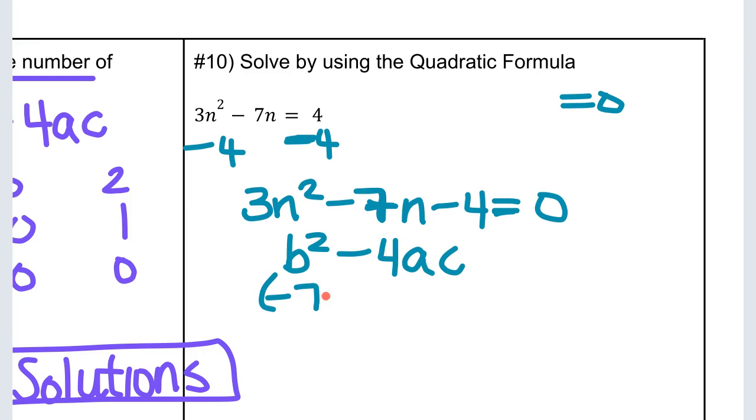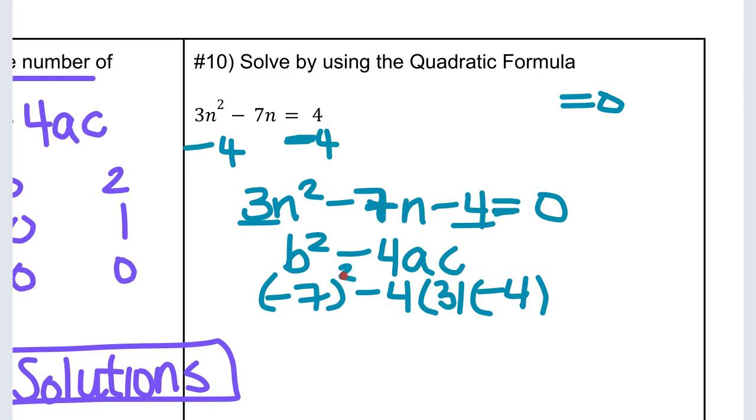b is negative 7. a is 3. c is negative 4. As a reminder, that a is the coefficient of n squared.